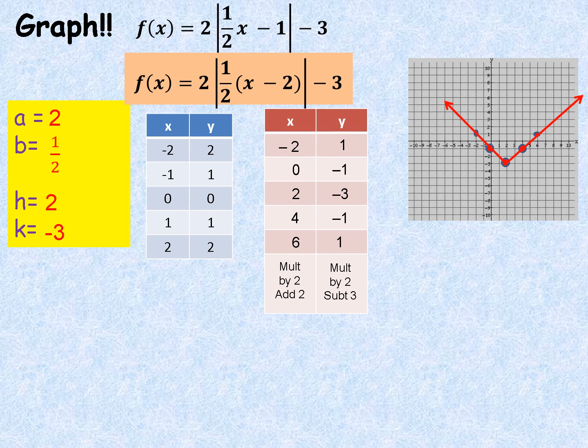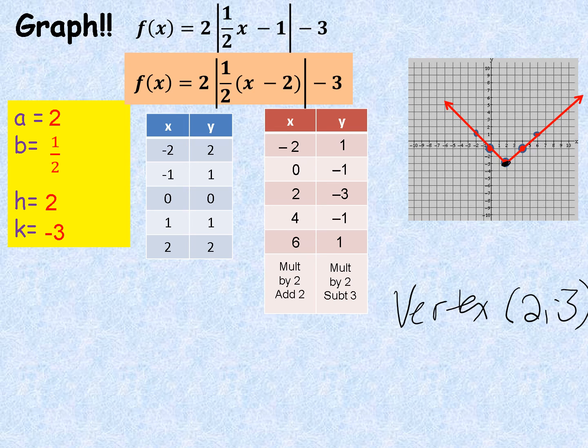Now, you're like, well, wait a minute, this is the parent function method. What if I wanted to do the slope method? Well, okay, here's what you'd show me. First of all, the vertex, that's h and k, so that's (2, -3). So I'd go up here and go, okay, (2, -3).